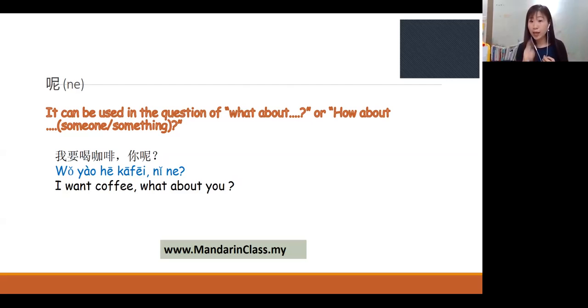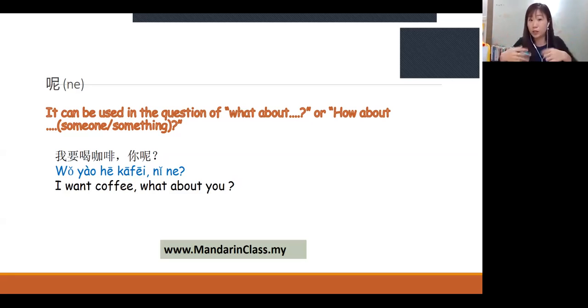So you can use 你呢? If you feel that 你叫什么名字 is too long, 6 words, right? You can shorten it into 2 words to ask back. Just ask 你呢? Very simple, right? So the person will reply, maybe they can say, 我叫 Michael. Very simple, right?